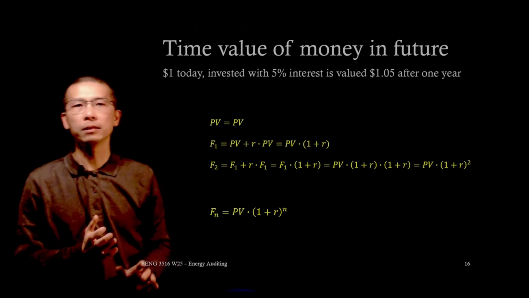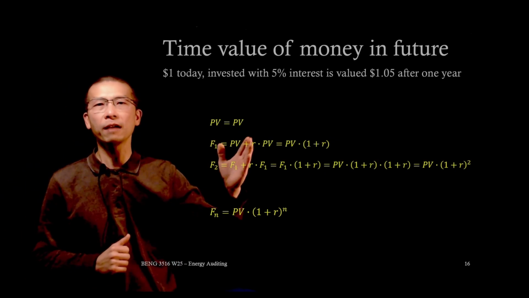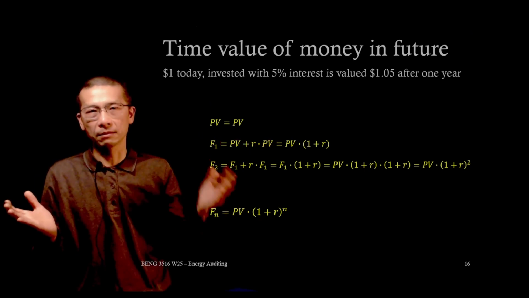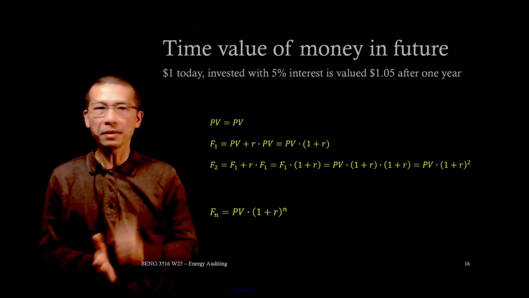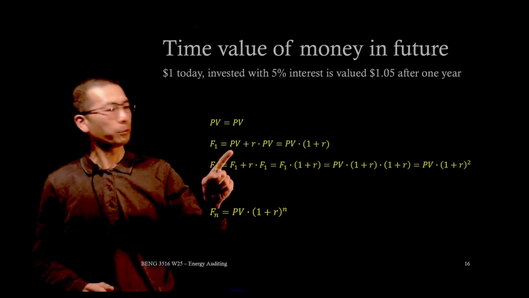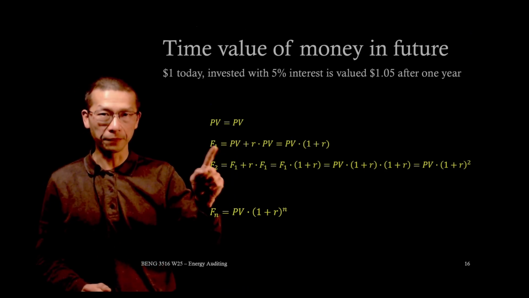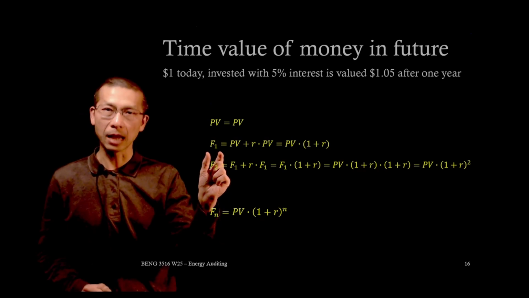Here, it's the same. Present value equals present value. It's simple, it just makes sense. It is what it is right now. But in 1 year, that present value becomes the future value F1, it will be worth this much after 1 year.